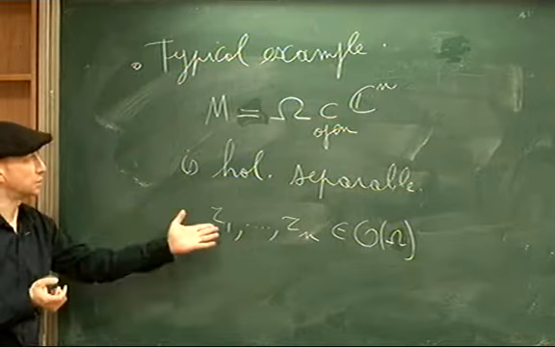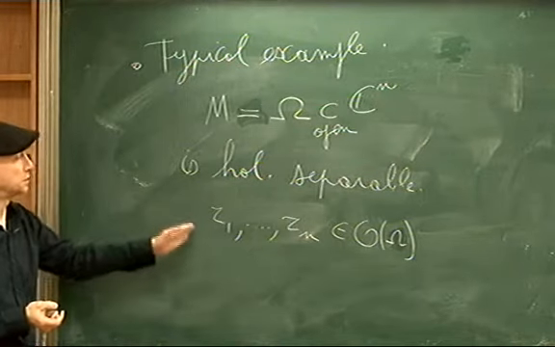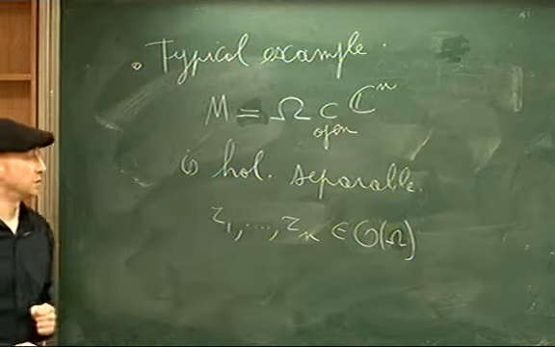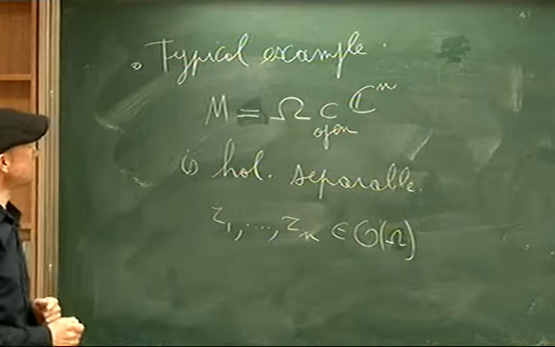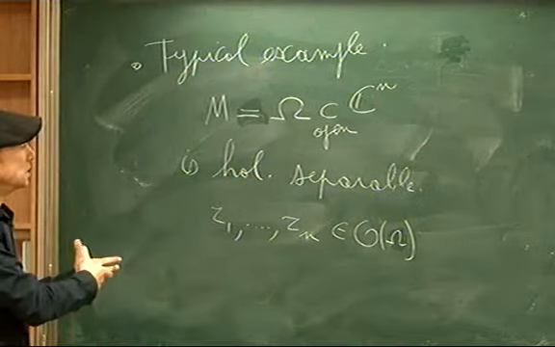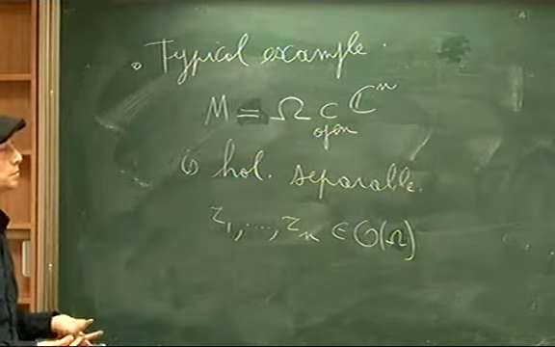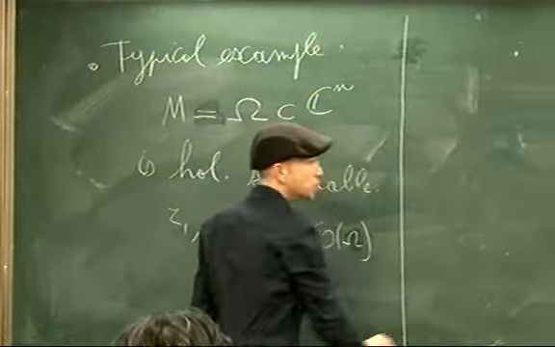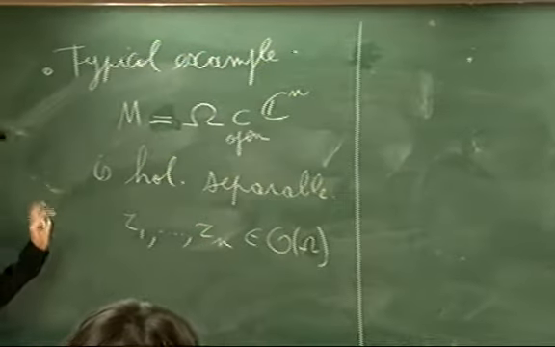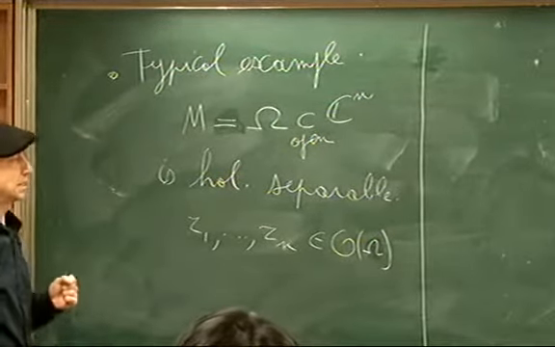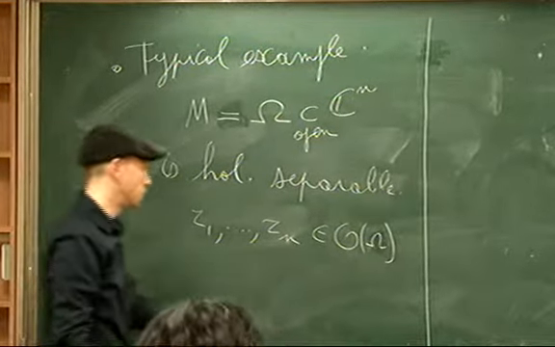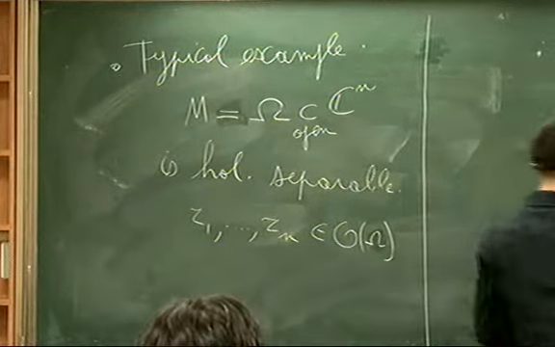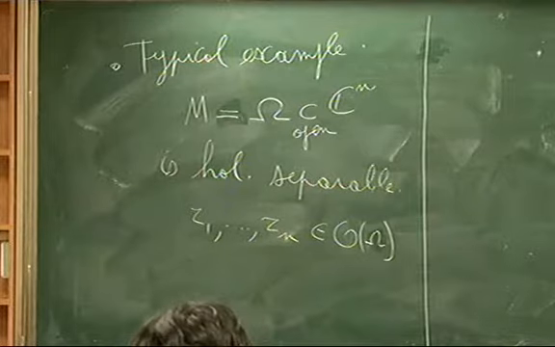So these functions are separating the points. If you want, this is the projection on the axis. So a domain in Cn is always holomorphically separable. I would not insist too much on this holomorphic separability. I think the other part is more interesting. It's a more subtle notion, the holomorphic convexity. Let me give you the definition.